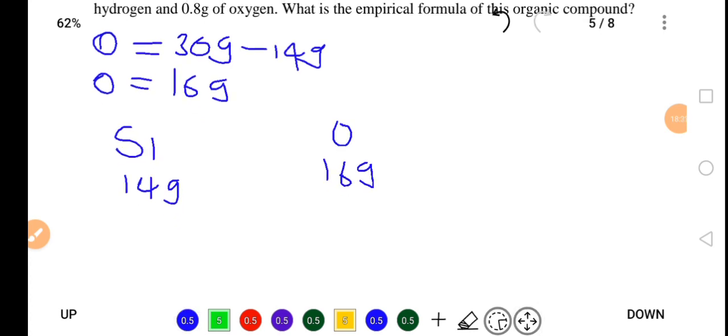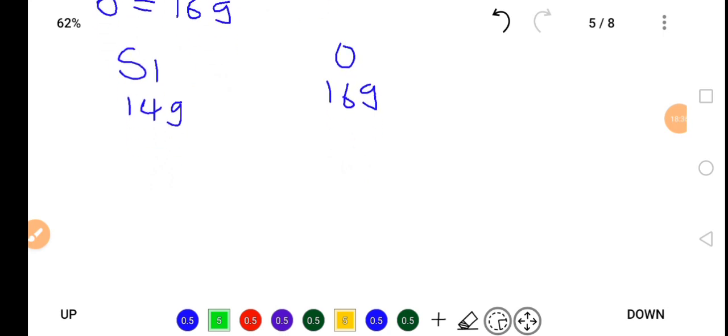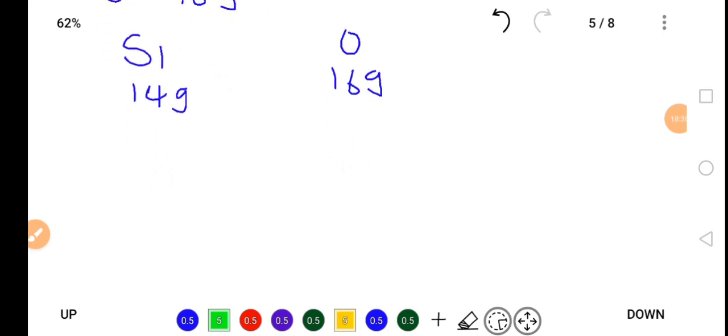From here, what's the procedure? You can even pause the video and try to solve this question. You are going to divide the masses by the relative atomic masses of the individual elements so that you can find the number of moles of each.